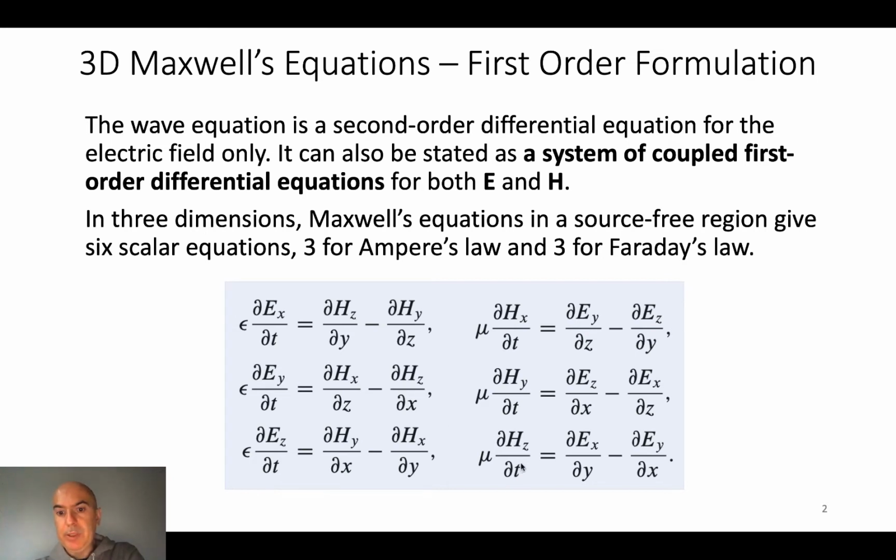The z component magnetic field evolution is determined by solving this equation. In this way, this equation and this equation are coupled. In the same way, here we have the variation of the magnetic field y component with respect to z, and the evolution of the y component is given by this equation here. So the first equation is coupled to this one and to this equation.